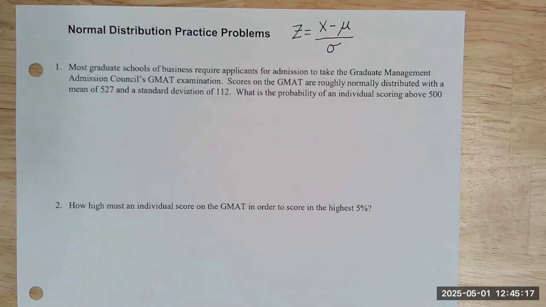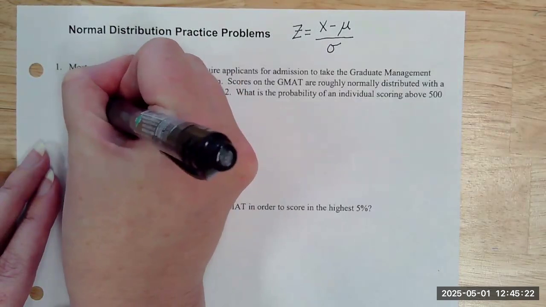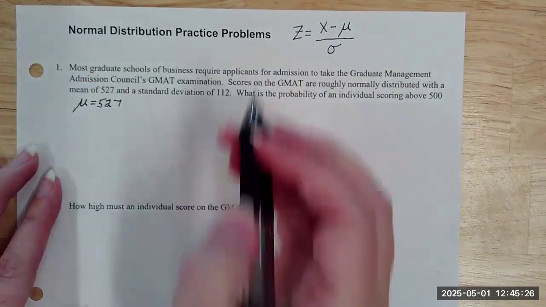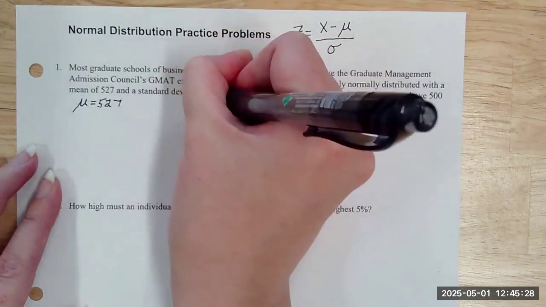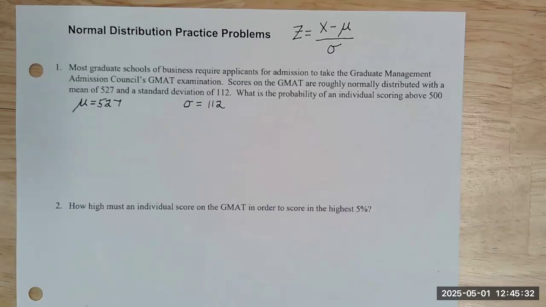They're roughly normally distributed with a mean of 527 and a standard deviation of 112. What is the probability of an individual scoring above 500 points on this exam?